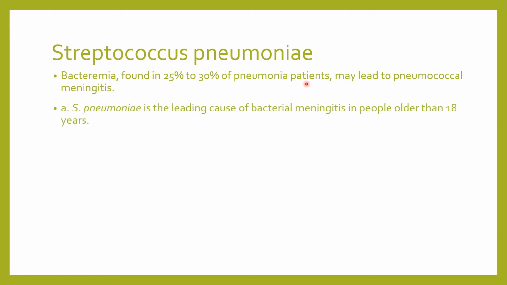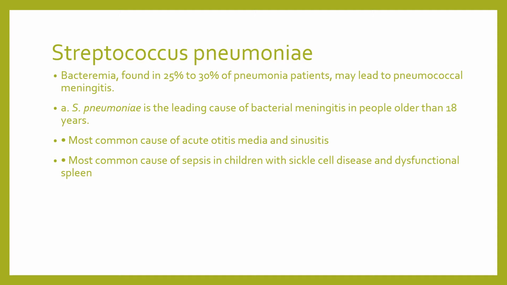This is found in 25 to 30% of patients and will lead to pneumococcal meningitis. Remember, strep pneumonia is the leading cause of bacterial meningitis in people older than 18 years of age. For children, it is the most common cause of otitis media and sinusitis.